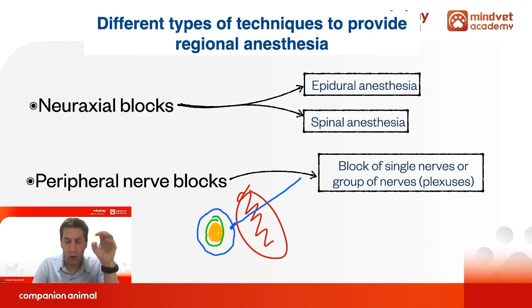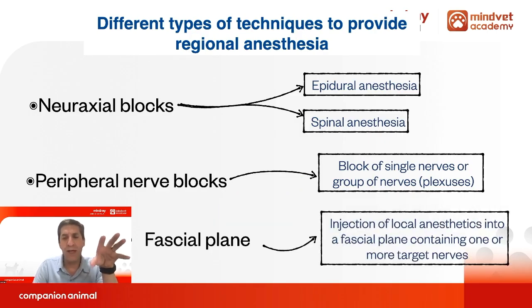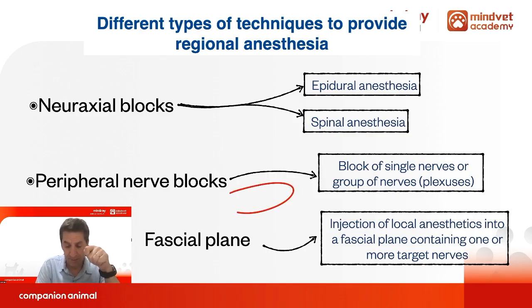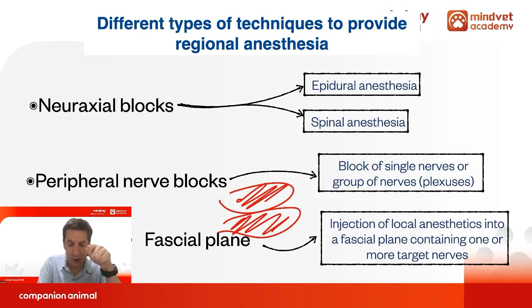We also have a new generation of interfascial plane blocks, in which the injection of local anesthetic is performed in an intermuscular or interfascial plane where the nerves or plexus are present. So, in these cases, we have the bellies of the muscles, and our needle should reach the intermuscular space where we know the nerves we want to block are present.